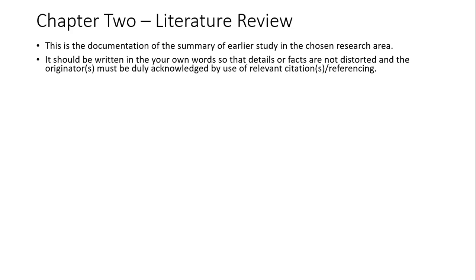Probably I'll say, the boy is Ade. But the originator is Ade 2023. So I have to cite Ade 2023 after writing the boy is Ade, because I only paraphrased what was written before without distorting the details, but the originator must be acknowledged.